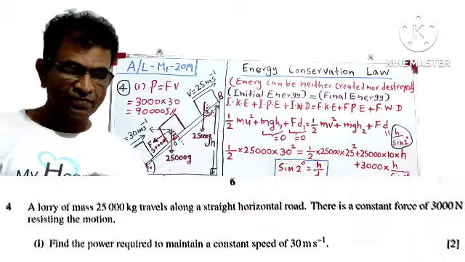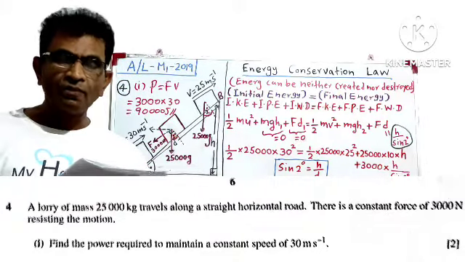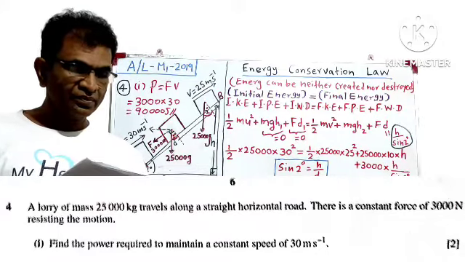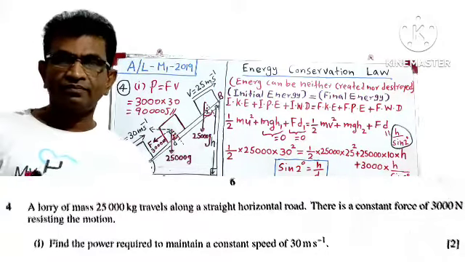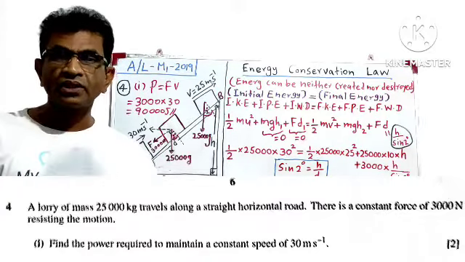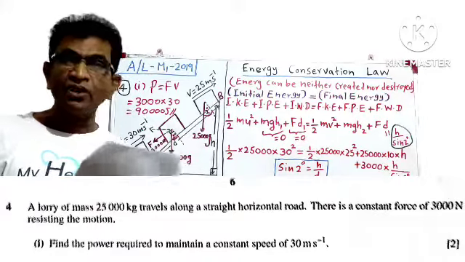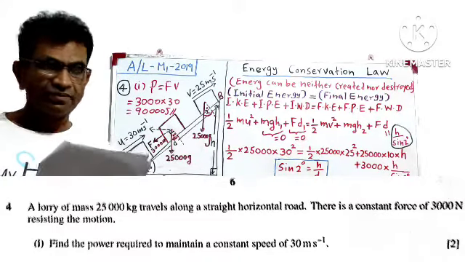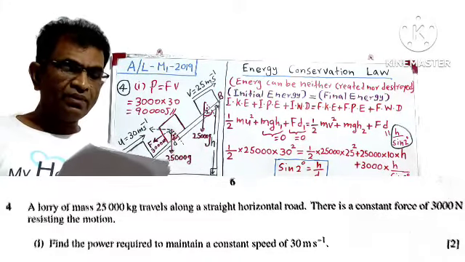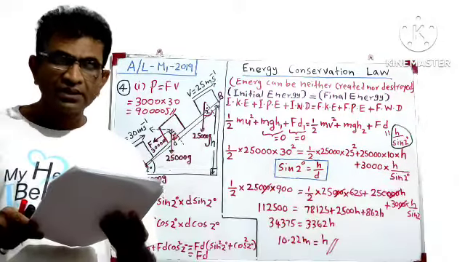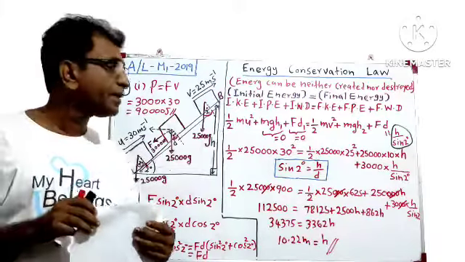Full stop. There is a constant force of 3000 Newton resisting the motion. Now Roman numeral 1. What is the question? Find the power required to maintain the constant speed of 30 meters per second.